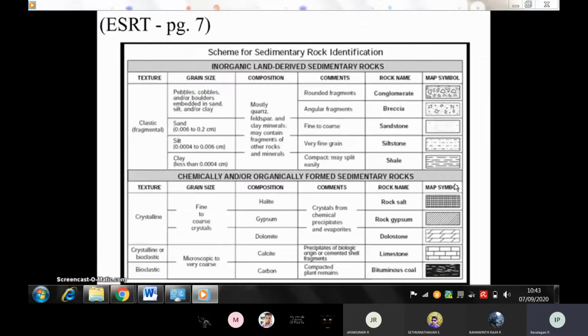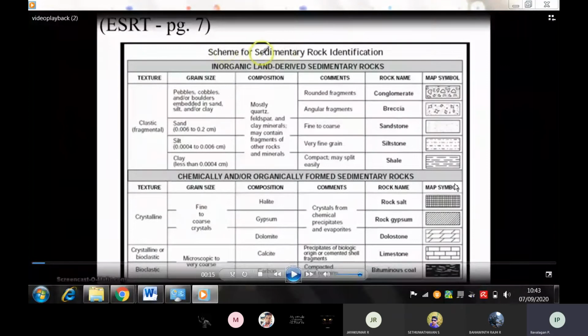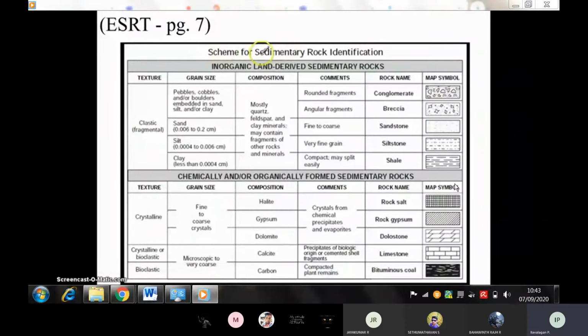We're going to start by looking at your reference table, on the chart on page 7, which is called the Scheme for Sedimentary Rocks. Here they explain sedimentary rock identification in the field. When you enter the field, you will find a large number of rocks.